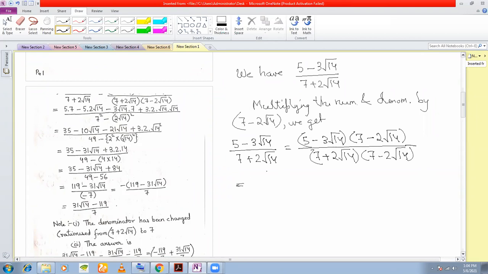Okay, so now in the numerator, you start multiplying. That is the way you normally multiply. 5 into 7. Next, 5 into minus 2 root 14. Next, minus 3 root 14 into 7.